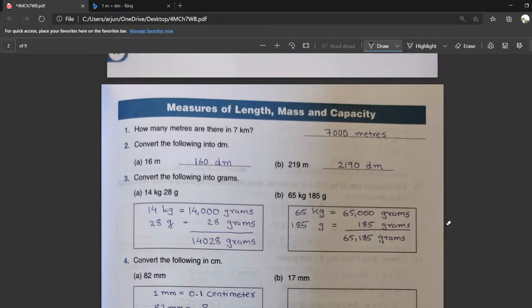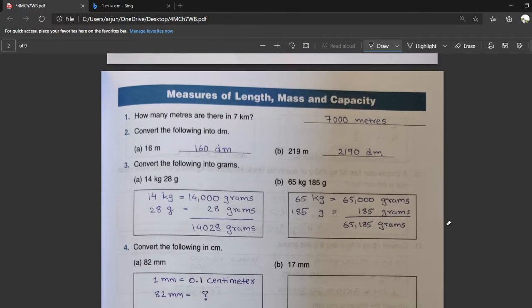Measures of length, mass and capacity. In this, the first question is, how many meters are there in 7 kilometers? In the previous semester, we have learned the conversion of kilometers into meters. Now let's revise it. For converting kilometer into meter, we have to multiply, right?